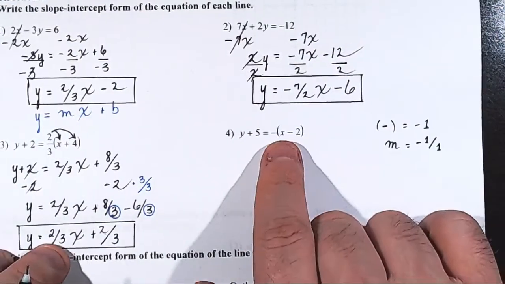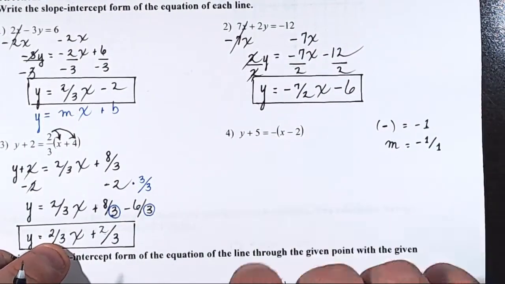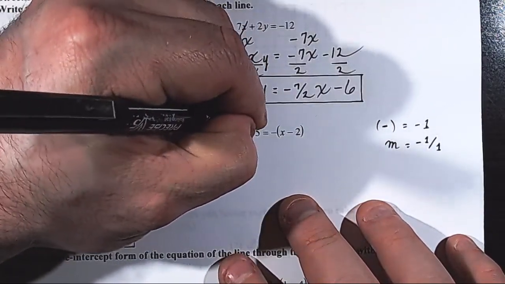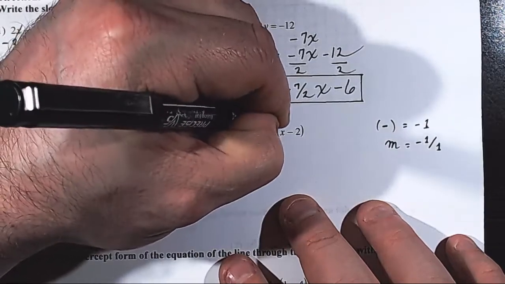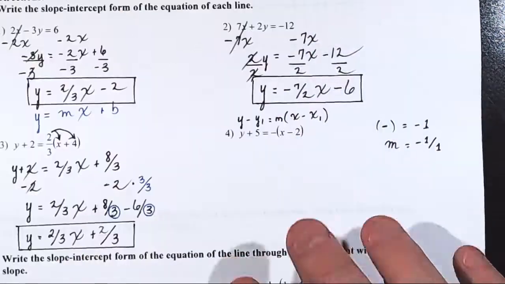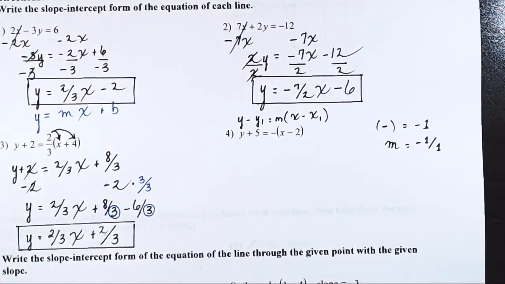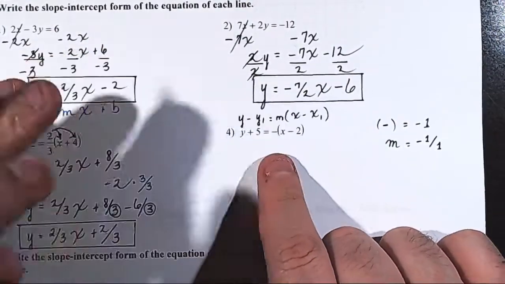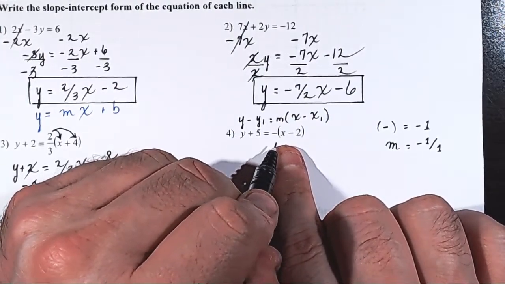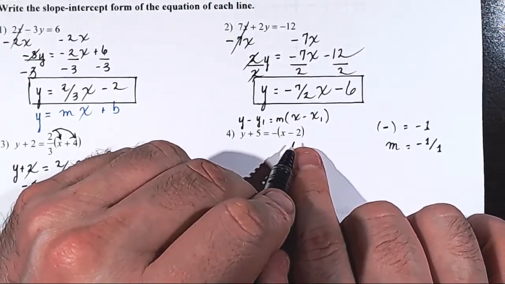Or in this case, it's just a minus sign. Because this is in point slope form, y minus y1 equals m(x minus x1). Okay, so what I'll do now is distribute the negative symbol. It's really multiplying each term by -1.